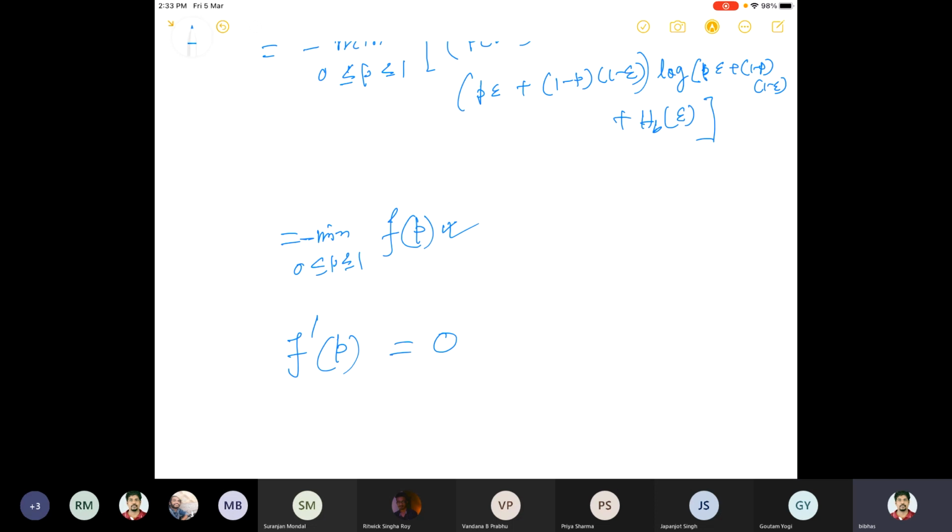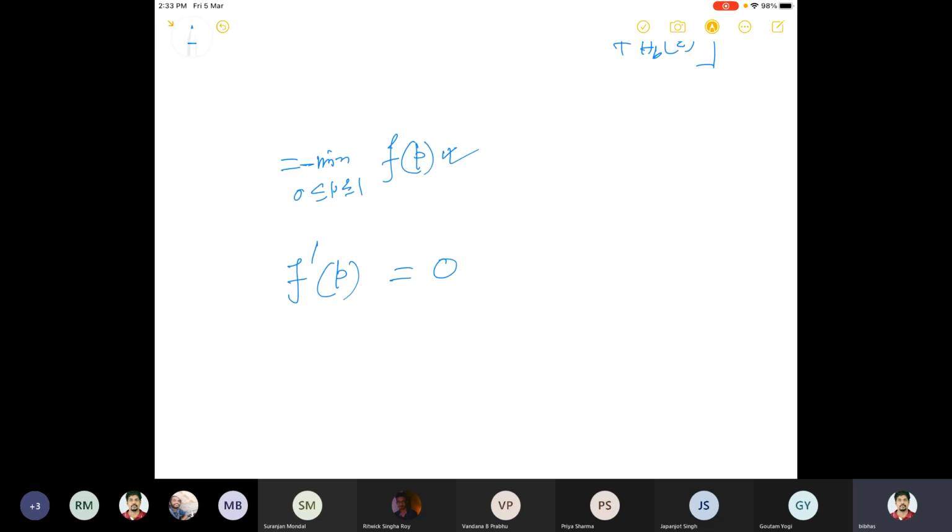If I am right, the condition will be something like this: P times (1 minus epsilon) plus (1 minus P) times epsilon, so this will equal this, which is P times epsilon plus (1 minus P) times (1 minus epsilon). Something like that it will give.